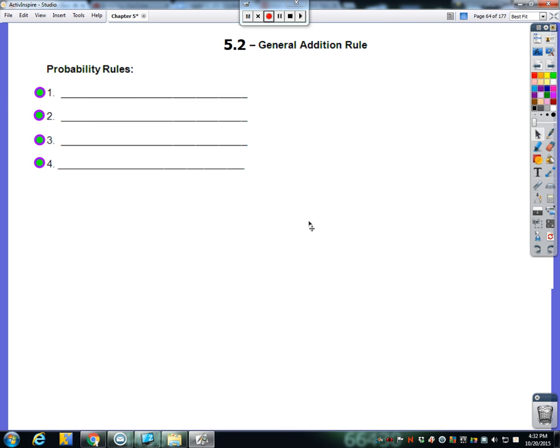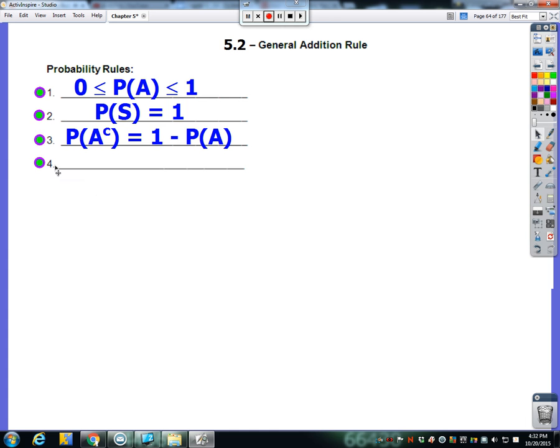So first off, our basic probability rules: any probability is between and including 0 and 1, or 0% and 100%; the sum of our sample space of all of our probabilities that could happen must make 100%; and the complement of any event is just equal to 1 minus the probability that that event happens.